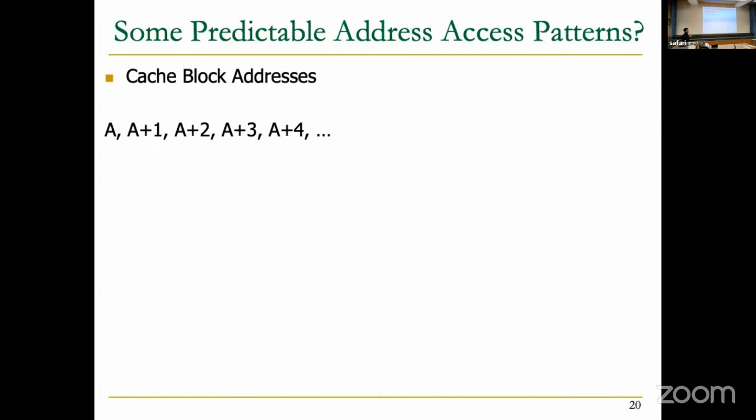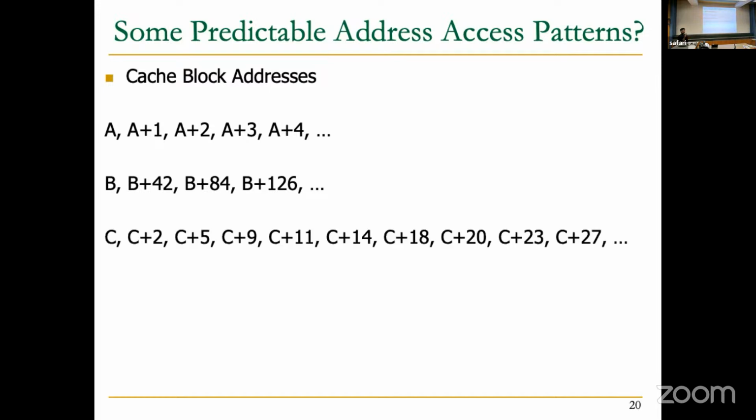You're going plus 1 stride in the positive direction. Another example can be a bit more complex: B plus 42, B plus 84, 126, and so on. It's still predictable because it's an arithmetic progression, right? You have a plus 42 stride between two consecutive requests.